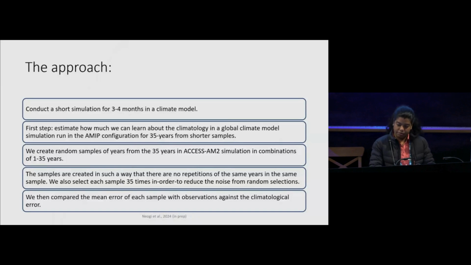As a first step, we have tried to estimate how much we can learn about the climatology in this global climate model from an atmospheric simulation in the AMIP configuration from shorter samples.